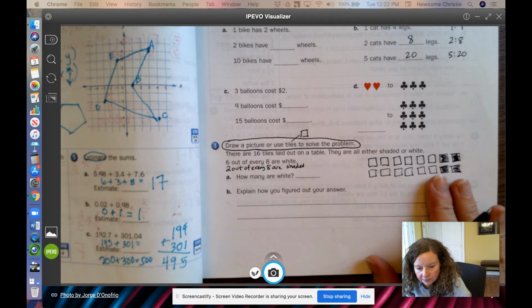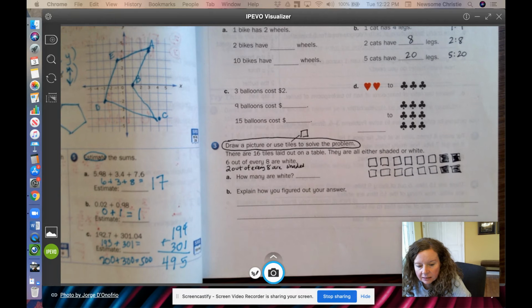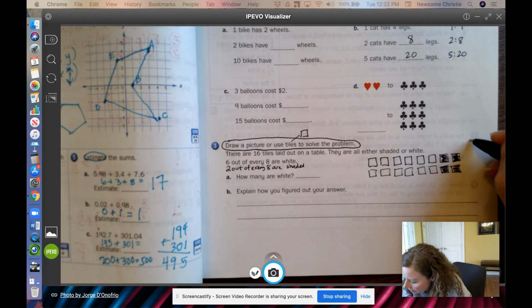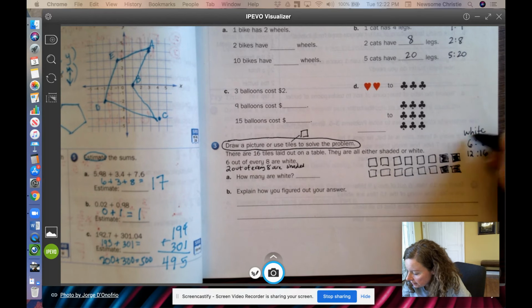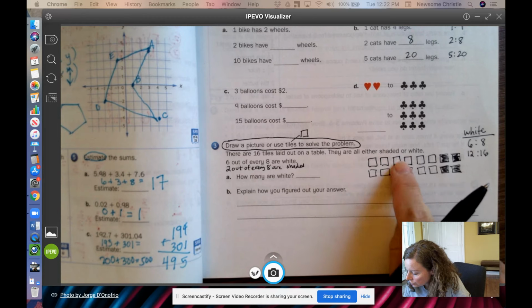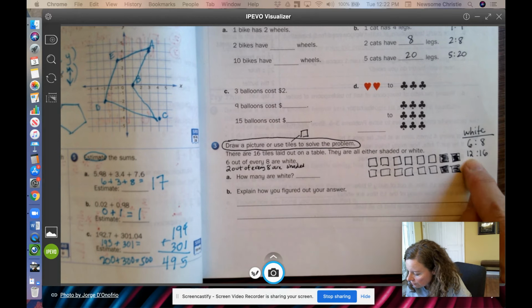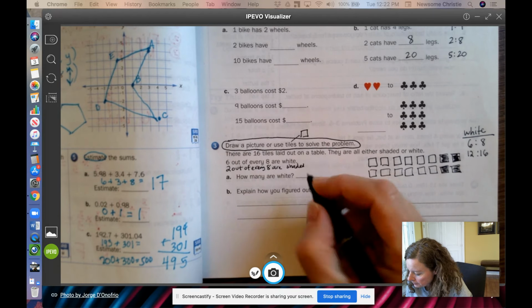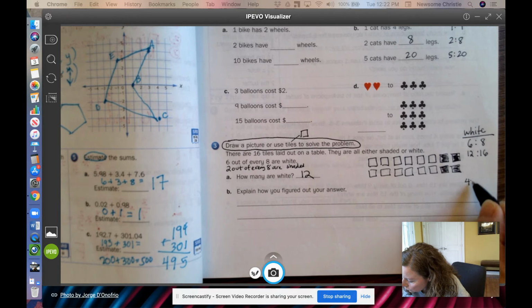Okay, so there were 16 tiles on a table, and it says 6 out of every 8 are white. You can also think about that. If 6 out of 8 are white, if we're going to double that, then 12 out of 16 would be white. And that's kind of, again, what our picture showed. 1, 2, 3, 4, 5, 6, 7, 8, 9, 10, 11, 12. So if 12 out of 16 are white, then we would know 4 out of 16 are shaded.